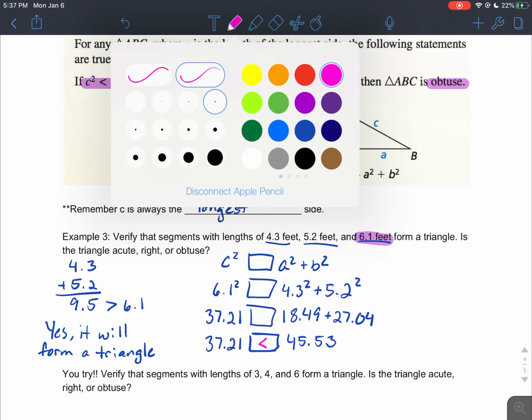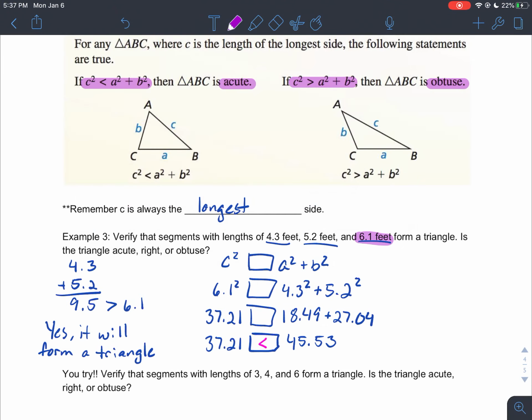We know that if you were to make a triangle out of these lengths, it would be an acute triangle. So these side lengths will form an acute triangle.